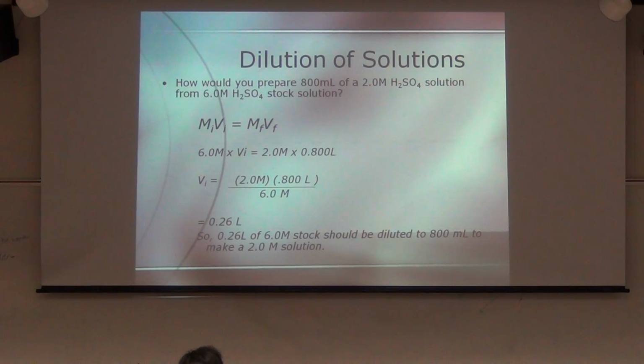So if you're going to make that solution, we'd take an 800 milliliter volumetric flask, fill it halfway or so with distilled water, knowing that we need to add 260 mL of the concentrated acid solution, and then we would fill it the rest of the way with water.